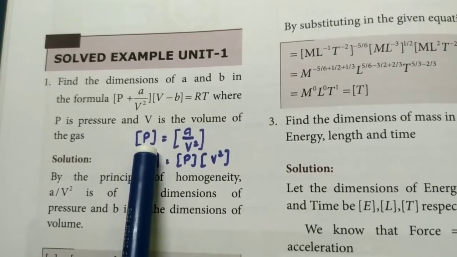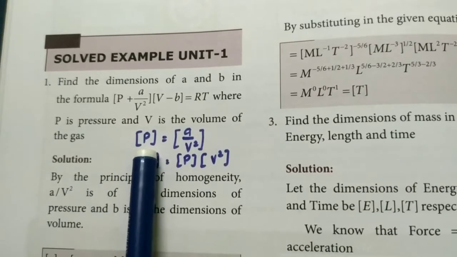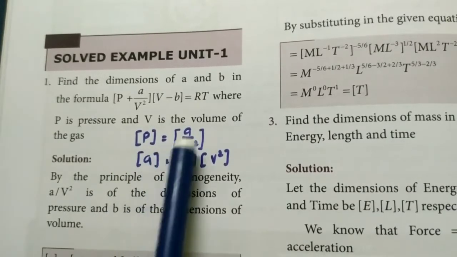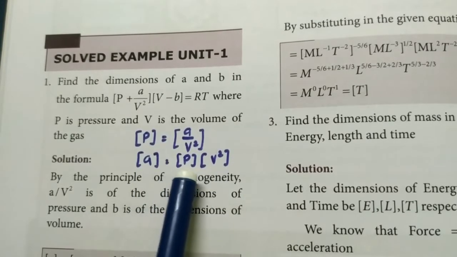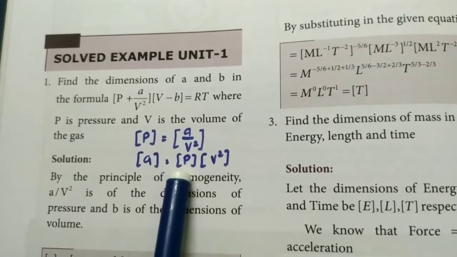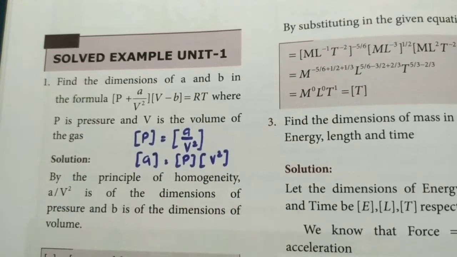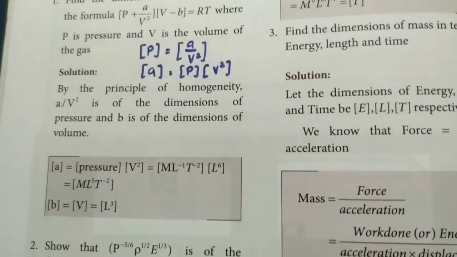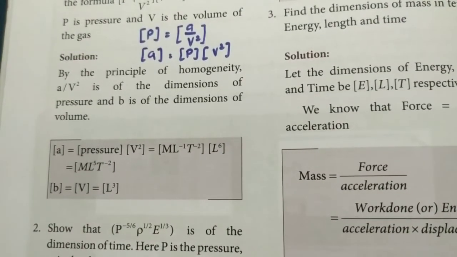So the dimensional formula for P must be equal to the dimension of a/V^2. From that, a equals P into V^2, dimensions of P into dimensions of V^2, isn't it? Very simple. But you must know the dimensions of pressure and volume.